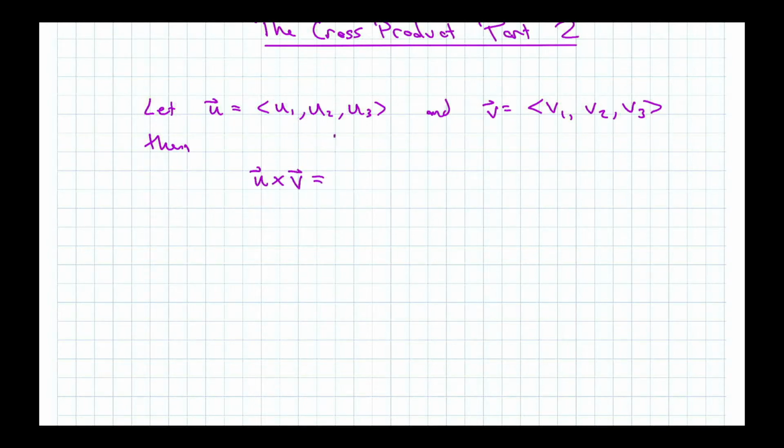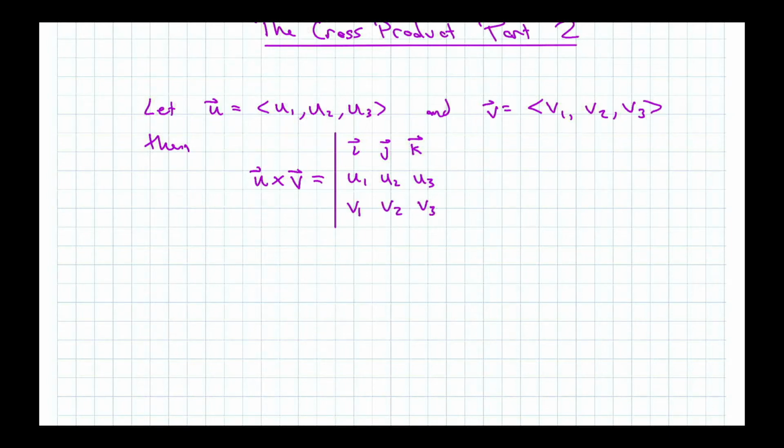The way we calculate it is with the determinant of a 3 by 3 matrix, right? i, j, k on top, then you put your u, and then you put your v.